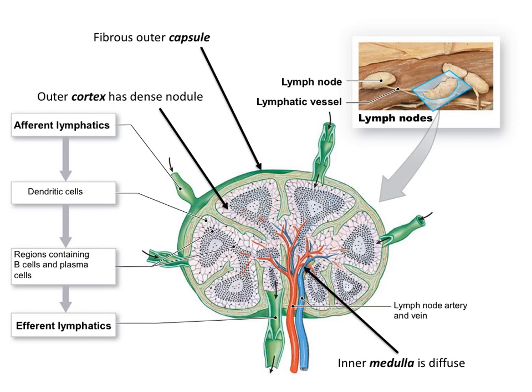Lymph nodes are going to filter the lymph. And in this lymphatic tissue, there are places where you would find different immune cells: lymphocytes, macrophages, things like that. Note that there are a lot of what are called afferent lymphatic vessels bringing lymph in, but typically just one efferent pathway out.